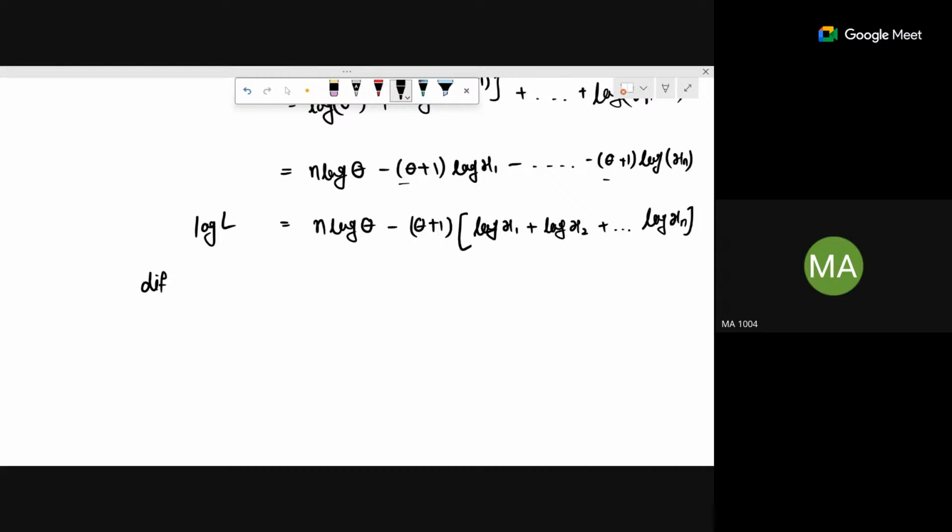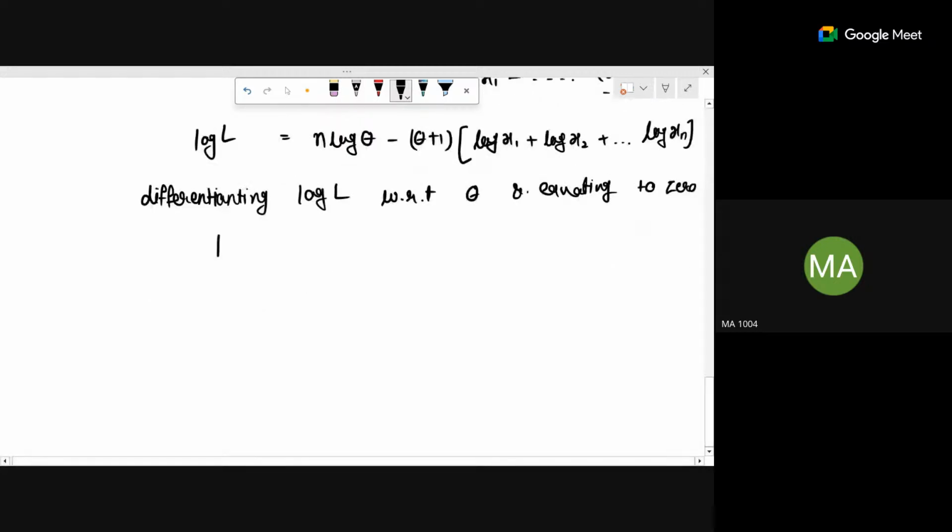So differentiating log L with respect to theta and equating to 0. That implies the derivative of log L with respect to theta is equal to 0.